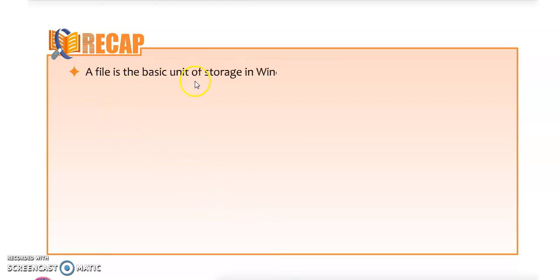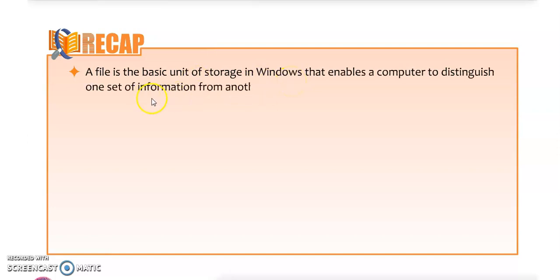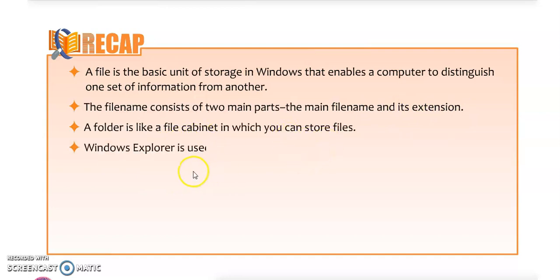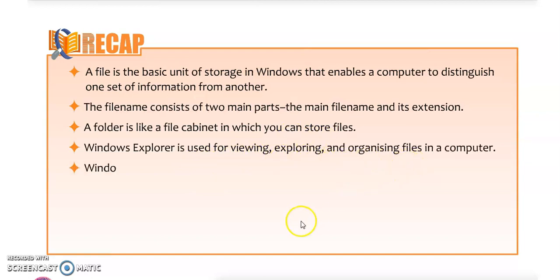A file is the basic unit of storage in Windows that enables a computer to distinguish one set of information from another. A file name consists of two main parts, the main file name and its extension name. A folder is like a file cabinet in which you can store files. Windows Explorer is used for viewing, exploring and organizing files in a computer.